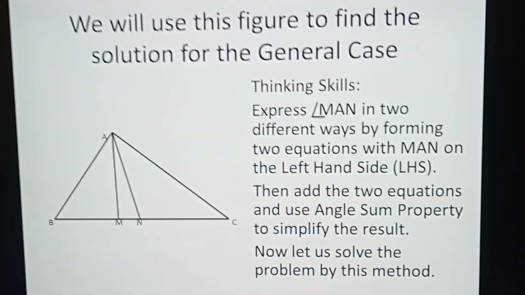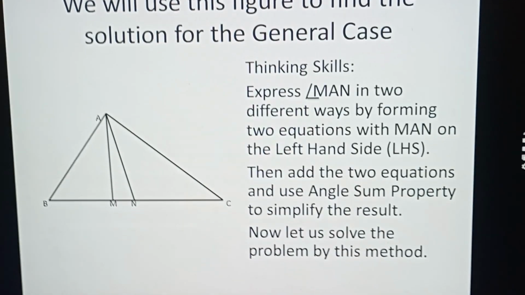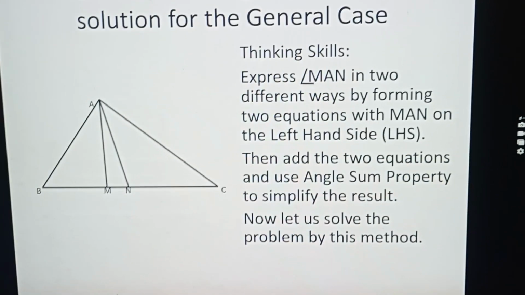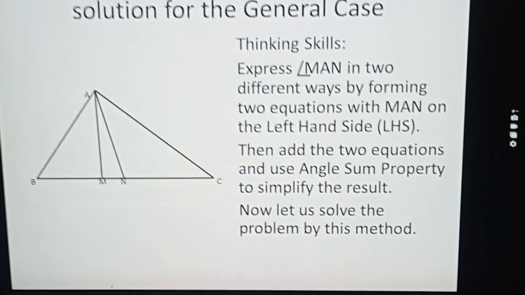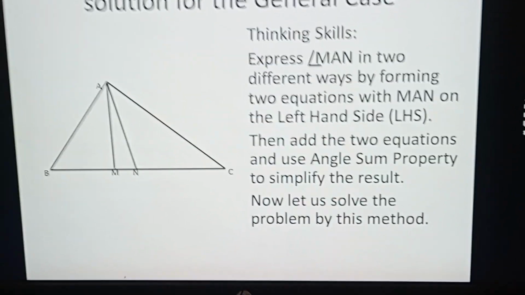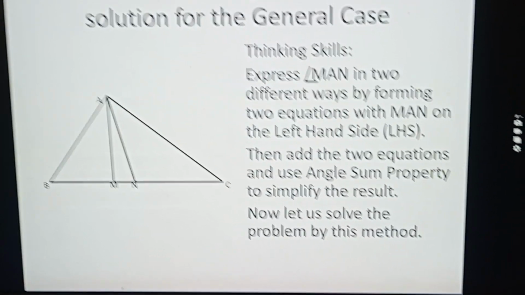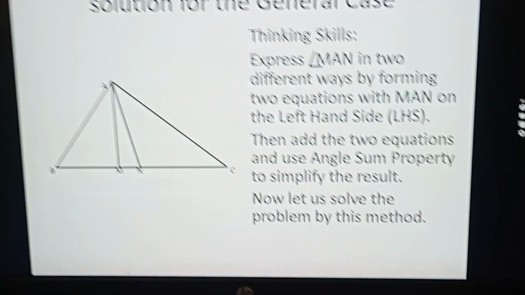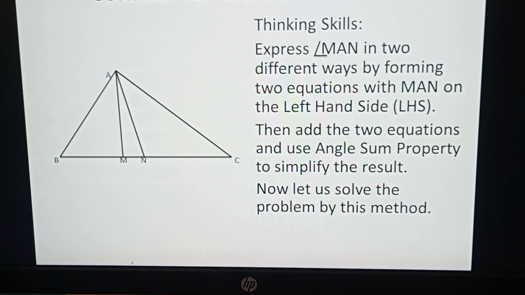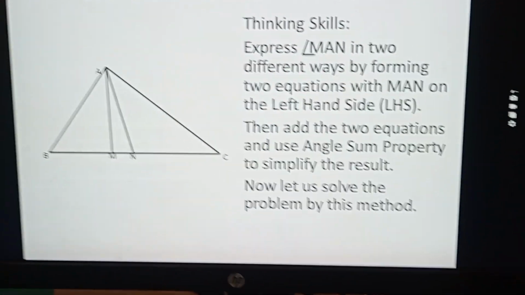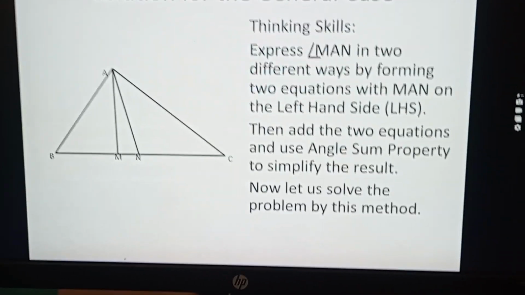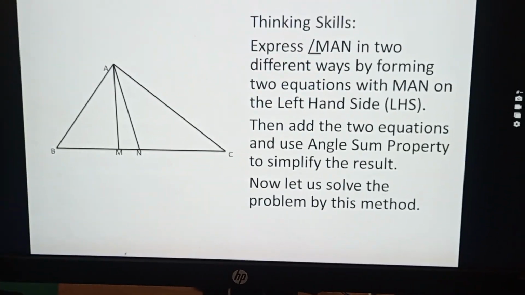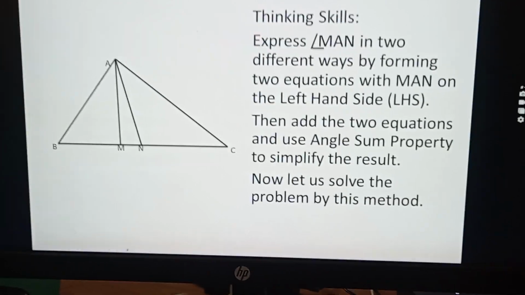We will use this figure to find the solution for the general case. Thinking skills: how do we find this? Express angle MAN in two different ways by forming two equations with MAN on the left hand side, the LHS. Then we add the two equations and use the angle sum property to simplify the result. Now let us solve this problem by this method.